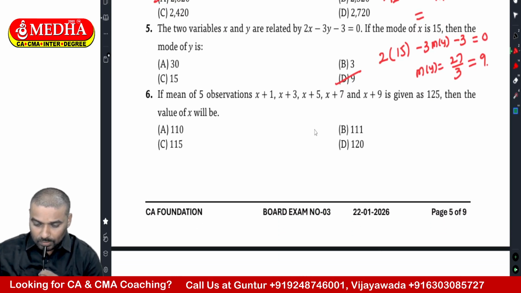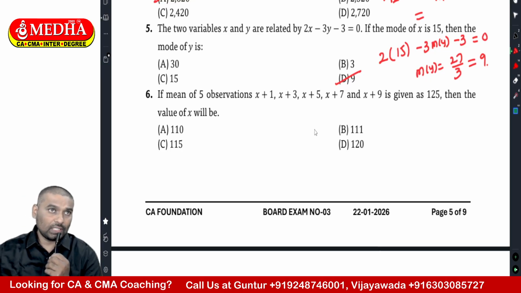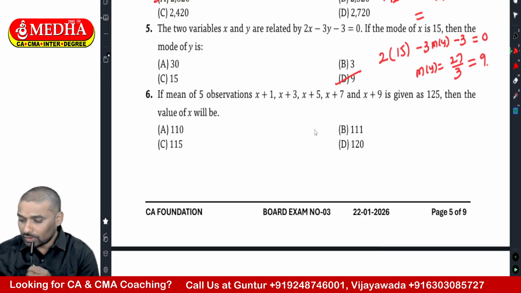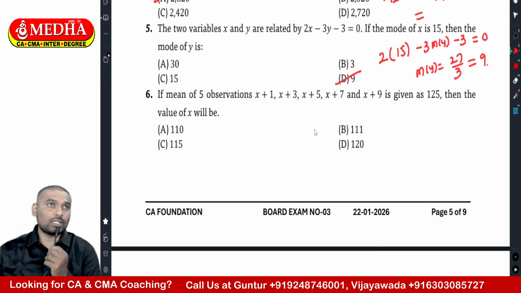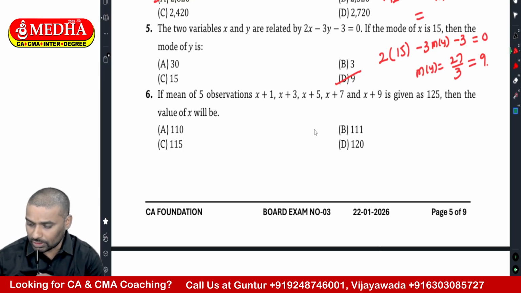Now the sixth one. The mean of 5 observations, x plus 1, x plus 3, x plus 5, x plus 7, x plus 9, is given as 125. Then what is the value of x? So what is the formula for mean? Sum of observations divided by number of observations.